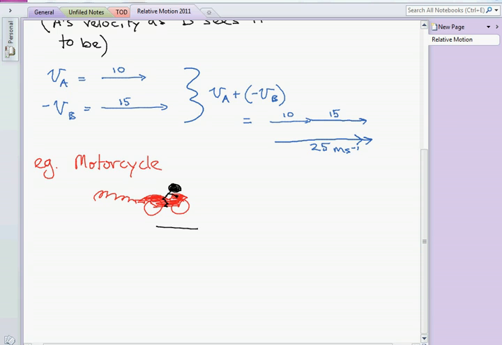Okay. So 50 kilometres per hour. And we had some rain, rain coming down at 15 kilometres per hour.